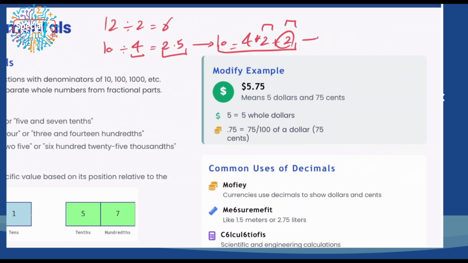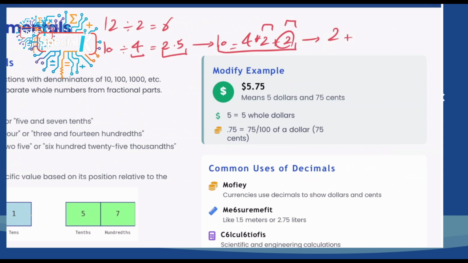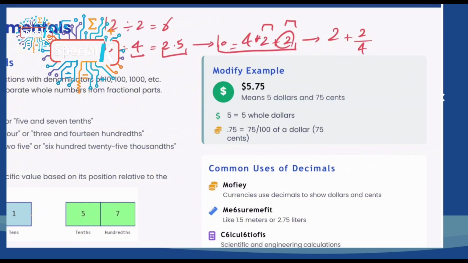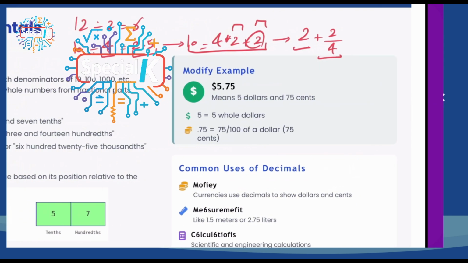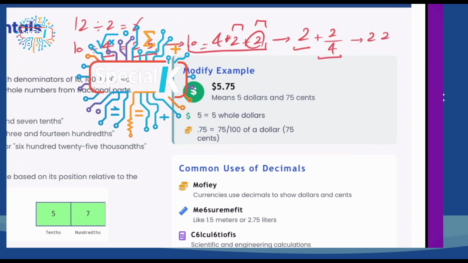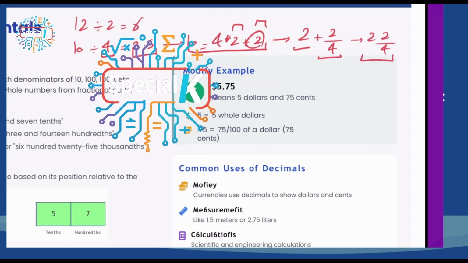Or I can write it down as 2 plus 2 divided by 4. 2 is a whole number, and 2 divided by 4 is the fraction, something like what we learned so far.